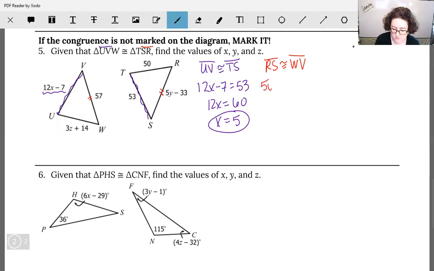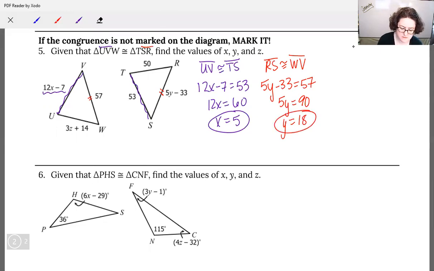So we can do 5y minus 33 equals 57. So add a 33 to both sides. And I believe we're looking at a 90. Never a bad idea to check your math. Divide both sides by 5, and that will give you 18. There's our y.